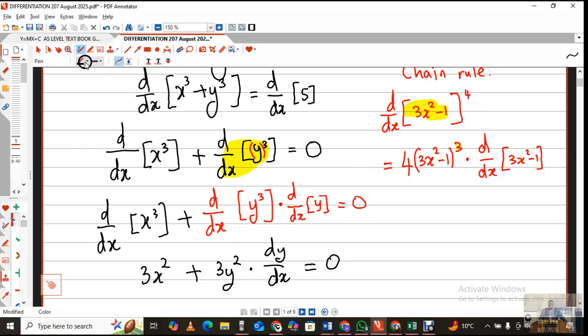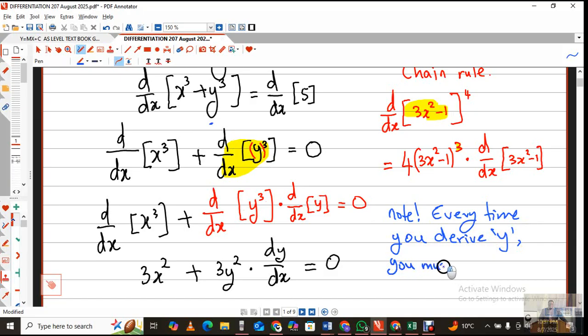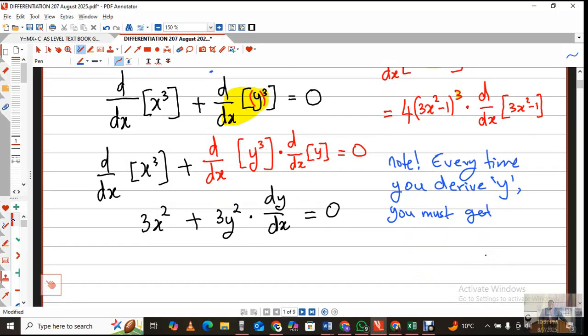Maybe before I write that second step, just add a little note here so that you can remember that every time you derive anything, let's say you derive y, every time you derive y, you must get a dy dx, like what I have over here.